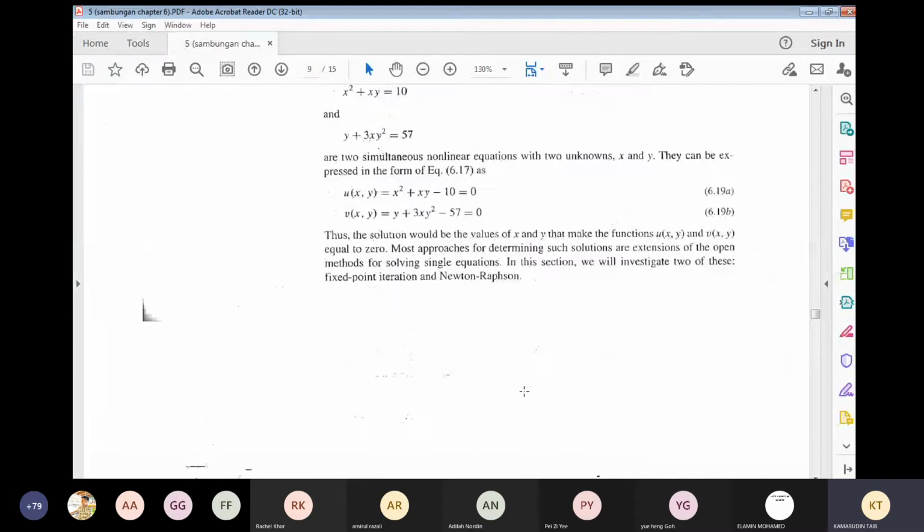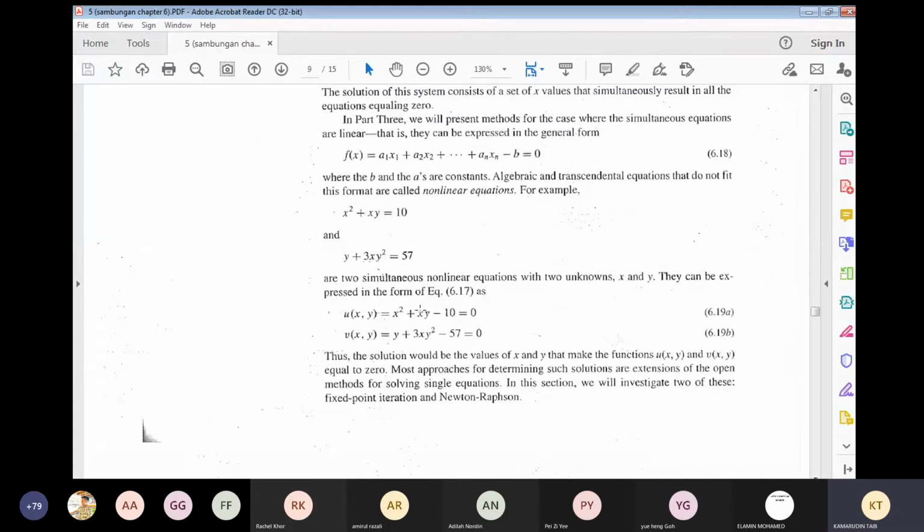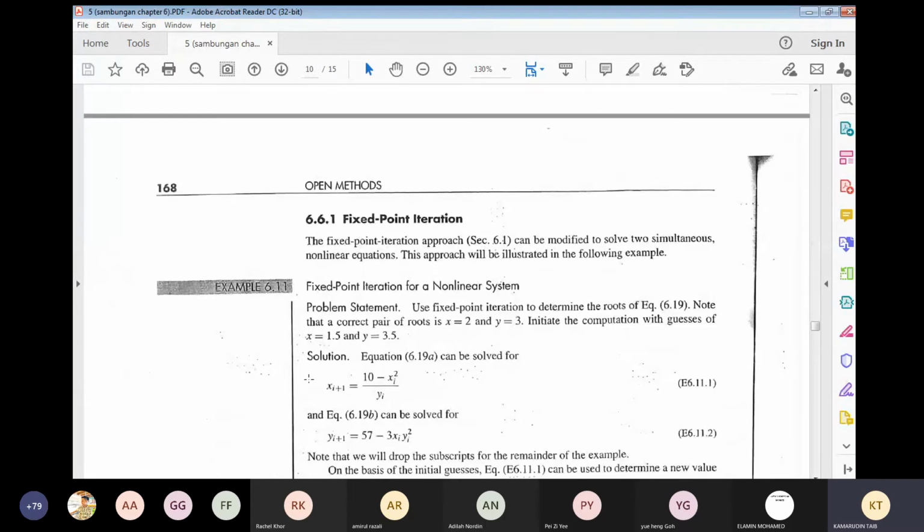We express x in terms of the rest, which we bring to the right. It doesn't matter that both sides of the equation have x, it's okay. For fixed point iteration, we just try to write x equal to the rest on the right hand side.